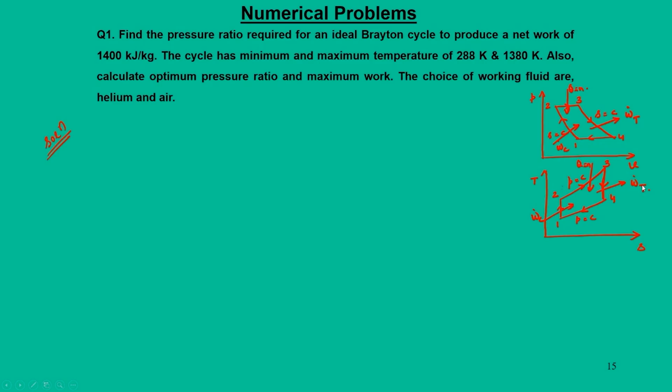So, with these notations, the data that is given is that T 1 is 288 Kelvin, T 3 is equal to 1380 Kelvin, and we are supposed to produce this much power W net, that is 1400 kilojoule per kg.